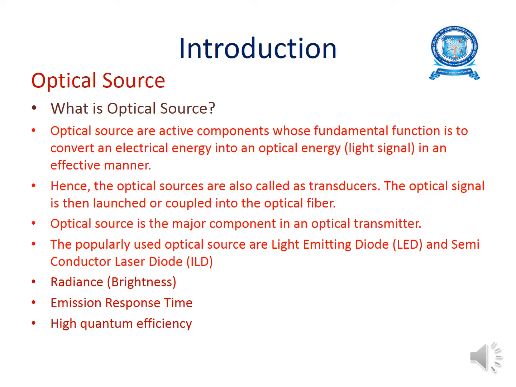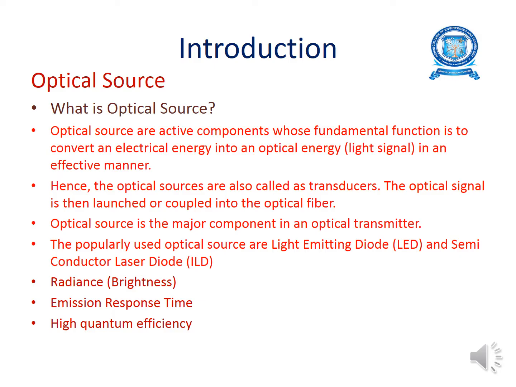In the optical light source, three major parts will be considered: radiance, referred to as brightness, emission response time, and high quantum efficiency. The LED or laser used in fiber transmission applications should have high radiance output, fast emission response time, and high quantum efficiency.